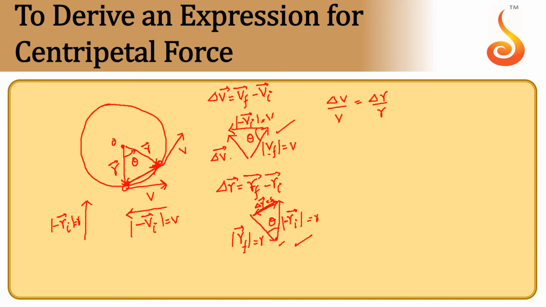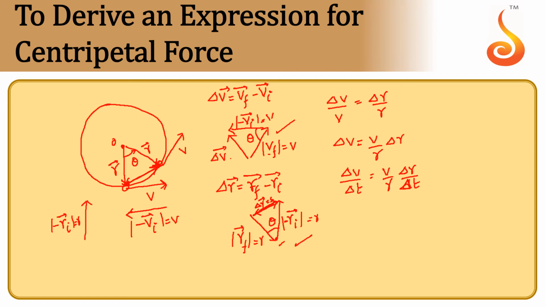Remember, change in radius is nothing but displacement. So delta v can be written as v by r into delta r. Divide both sides by delta t: delta v by delta t equals v by r, delta r by delta t.